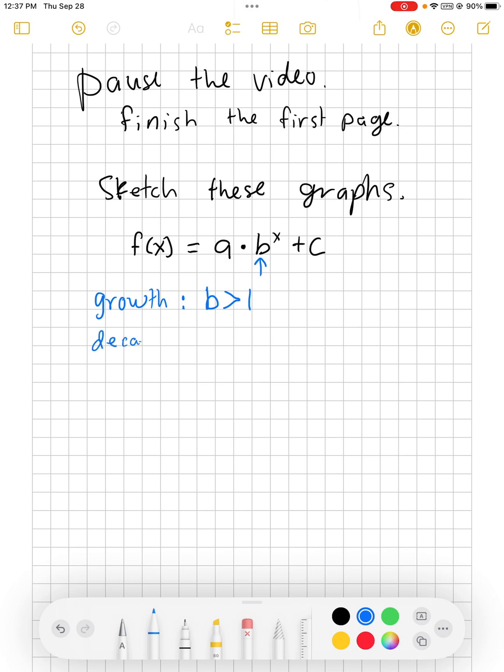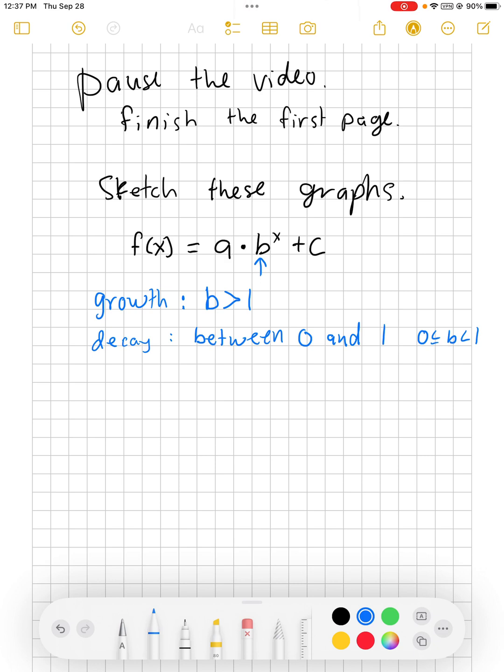Decay is going to be between 0 and 1. We could write that in symbols to look something like this. This will not work if b is 1, because 1 squared is 1, 1 cubed is 1, 1 to the fourth is 1, it just doesn't work as an exponential one way or the other.